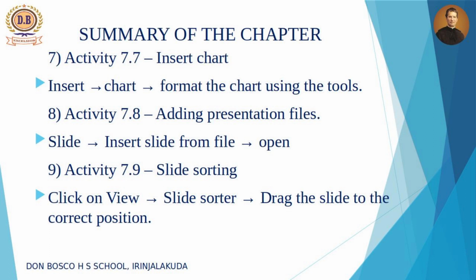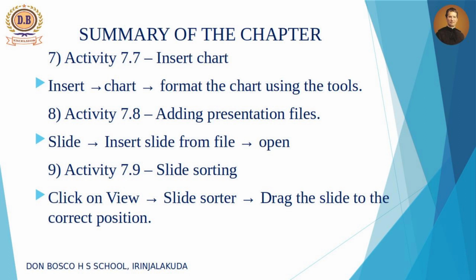Then the last two activities. Activity 7.8 was adding presentation files, which means we can add another presentation file to the created one. For that, go to the slide menu, select the insert slide from file option, then select the suitable presentation file from the school resources folder, then click on the open button.